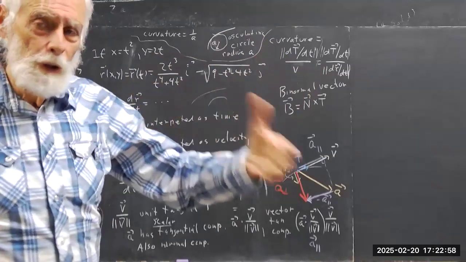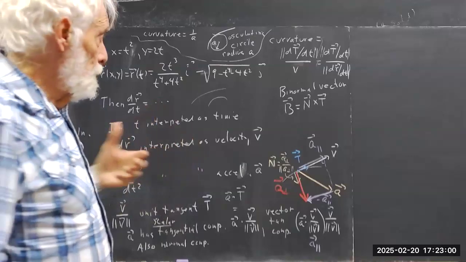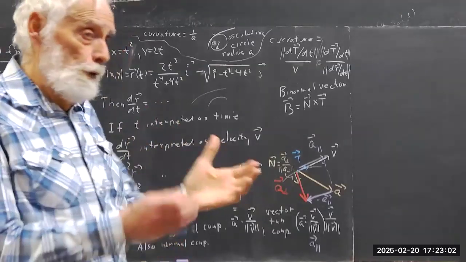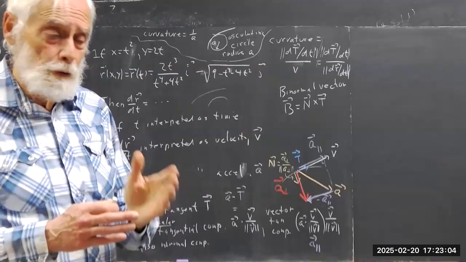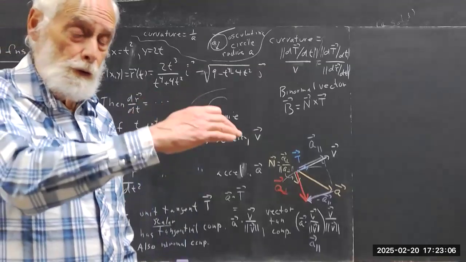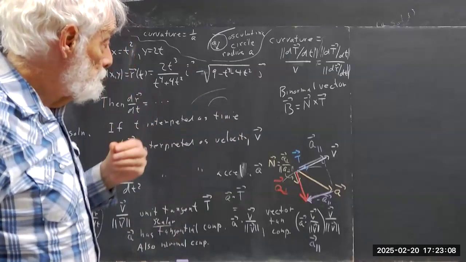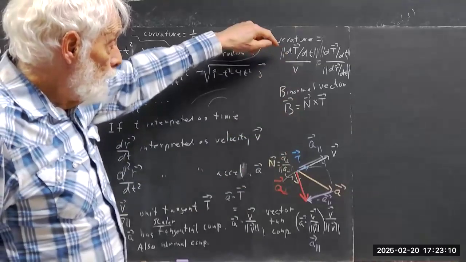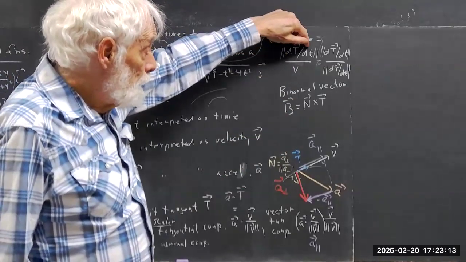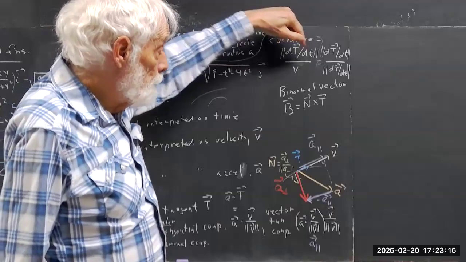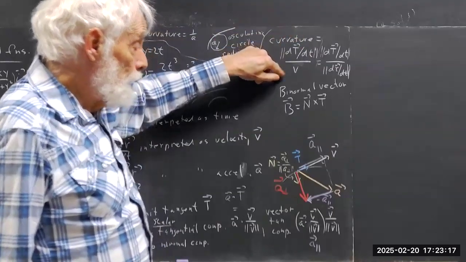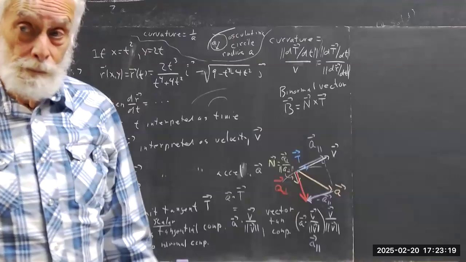The sense in which we go around the curve would be in addition to the curvature. Curvature doesn't care if you go this way or this way. So anyhow, there it is. We take the rate at which the tangent vector is changing and divide that by how fast we're moving.